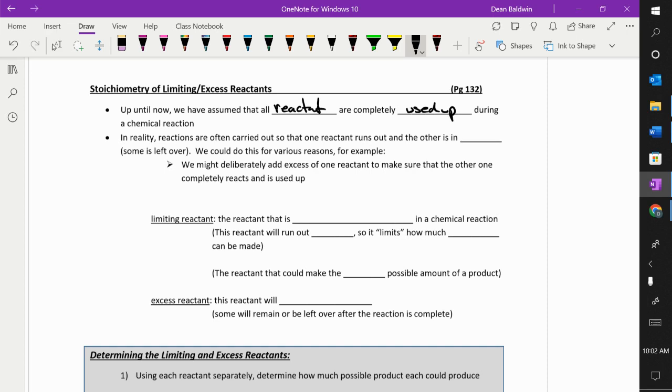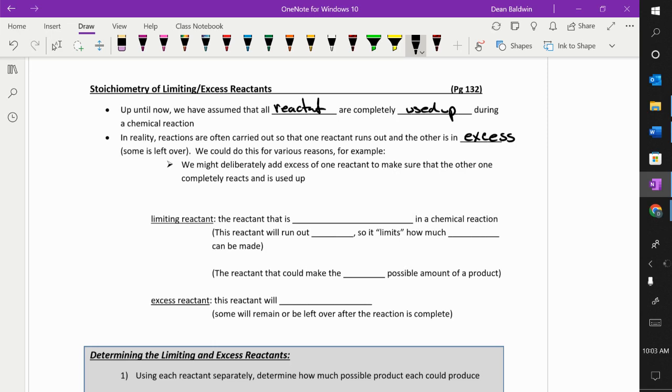Usually what happens is one of them will run out before the other one. So the other reactant we say is in excess. So you have one in excess, all right?